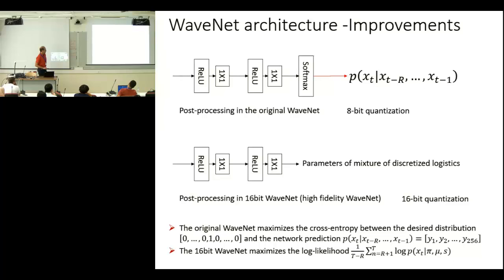Now, if we produce parameters of a continuous distribution, the loss function can be seen as a log likelihood function. It is the cross entropy, but it can be written as the log likelihood function.